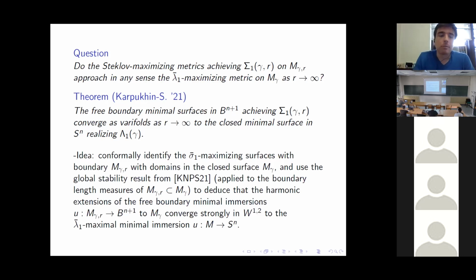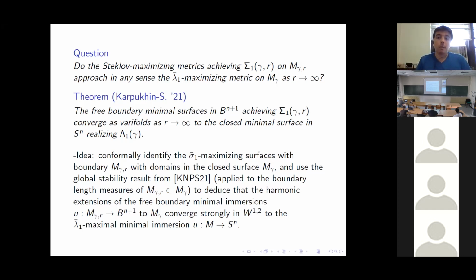So what's the idea here? We are somehow able to conformally identify these sigma 1 maximizing surfaces of boundary with domains inside the closed surface. And then using the global stability result, we're able to say that the boundary length measures have to converge in W-1,2 to the volume measure of this maximizing metric.